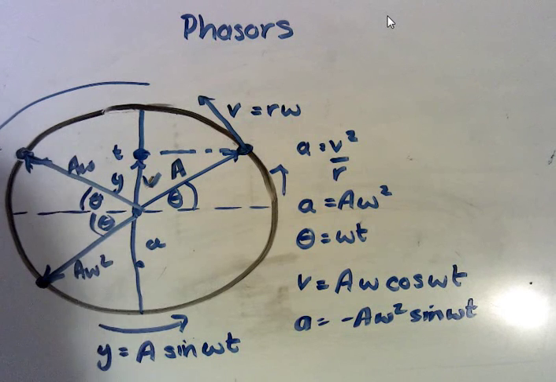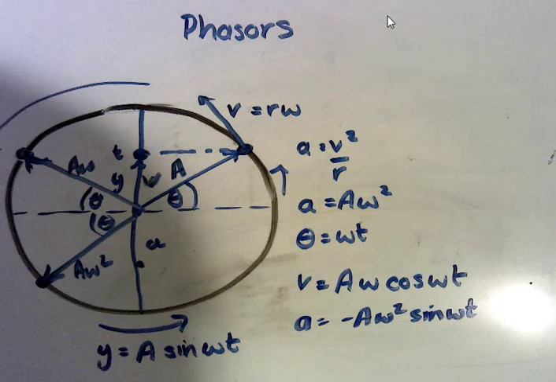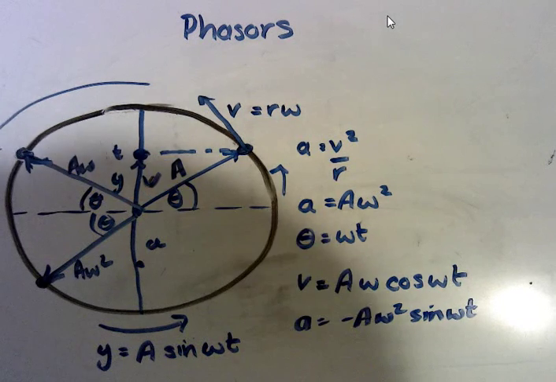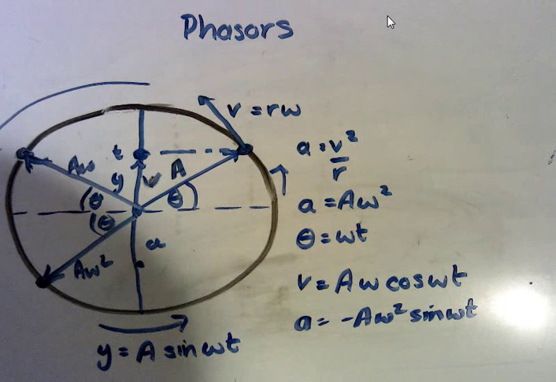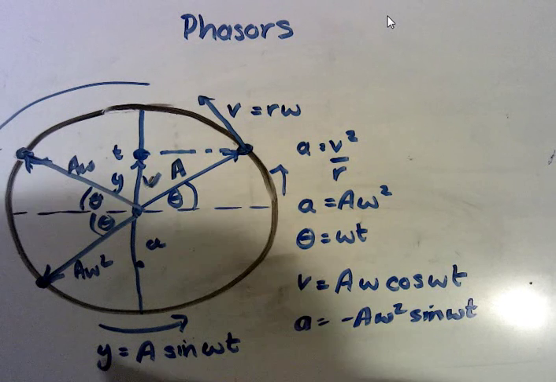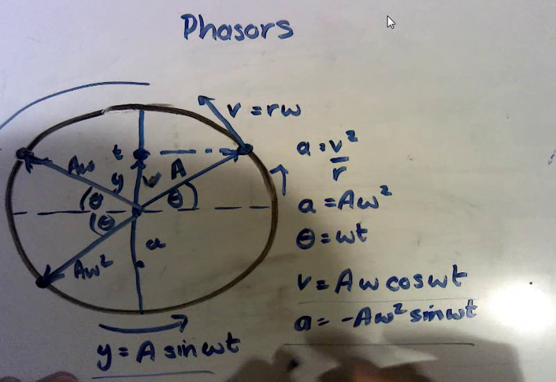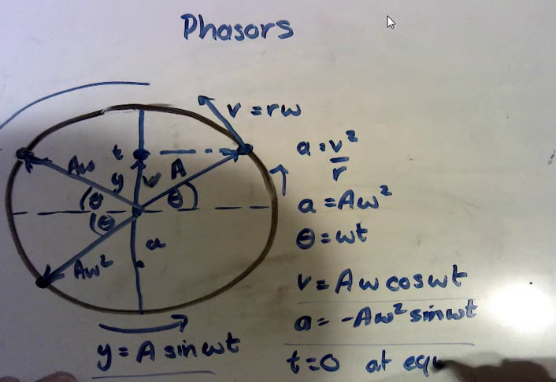Sometimes in a question it will be more advantageous, or you'll be specifically asked, to start at one of the endpoints. So when we're looking at the end position, our vectors are going to be in slightly different positions, so they all have moved around slightly.